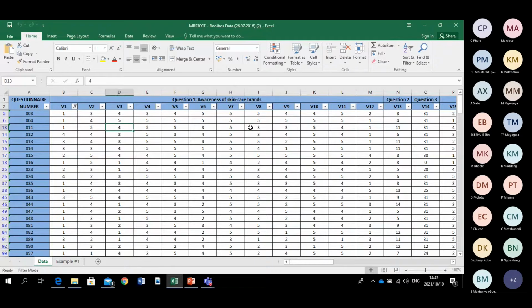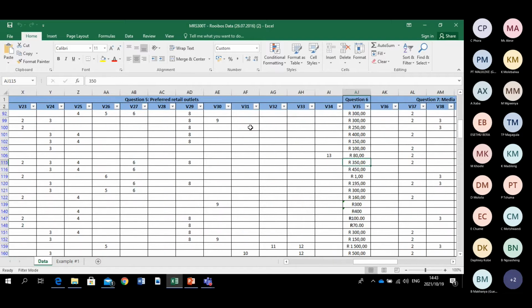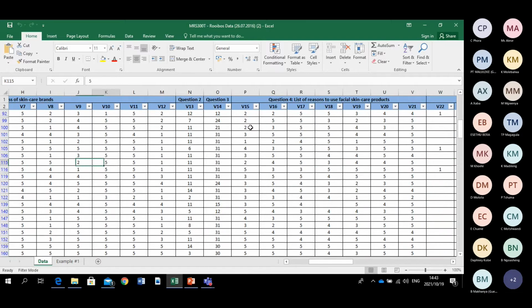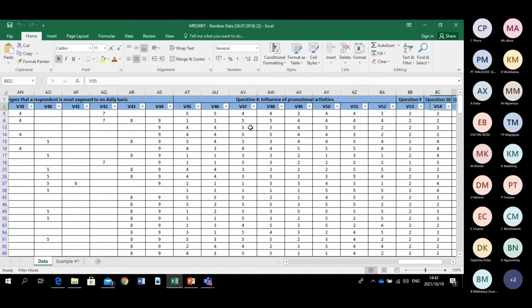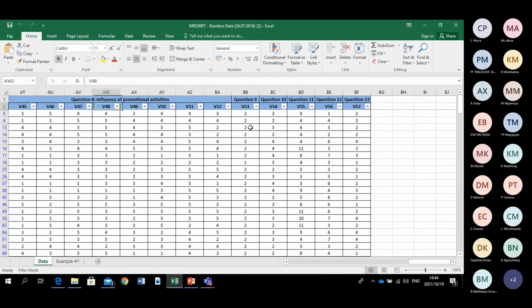So the Excel spreadsheet that I've just shared here, showing you the Rooibos data set, you will see this one is just numbers. These numbers, if you look at them, are just meaningless. That's what they mean by saying that it's raw data. They are just meaningless. The only way we can provide meaning to these numbers is when we start doing analysis. For example, when I looked at that question 9 to say this was about respondents' gender, and then I just spoke about how 2 is dominating here.